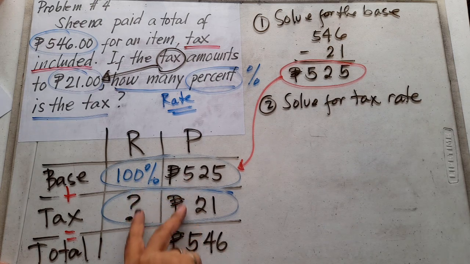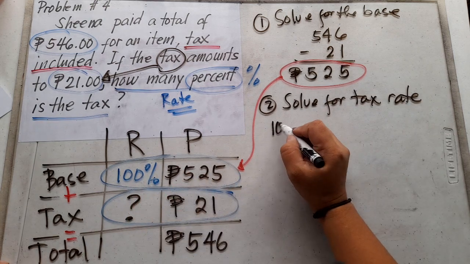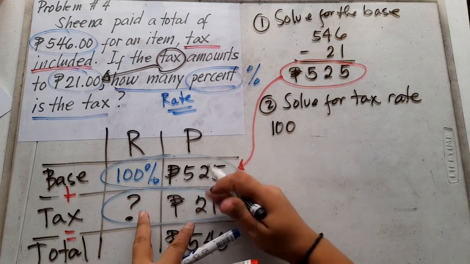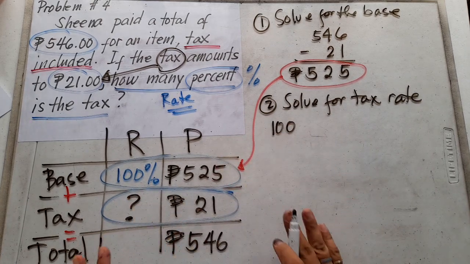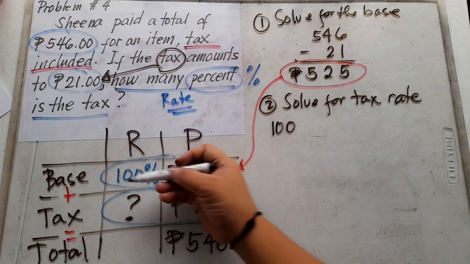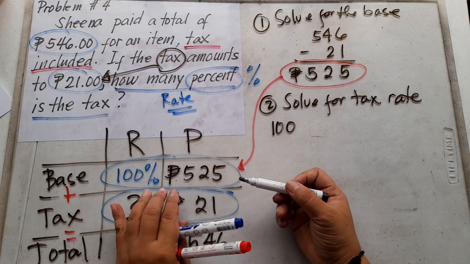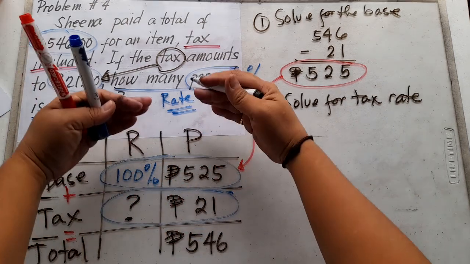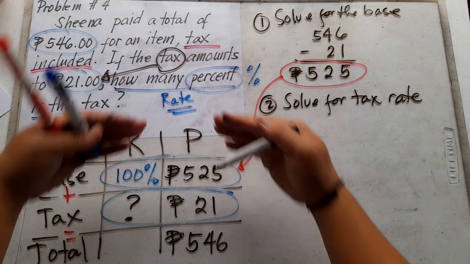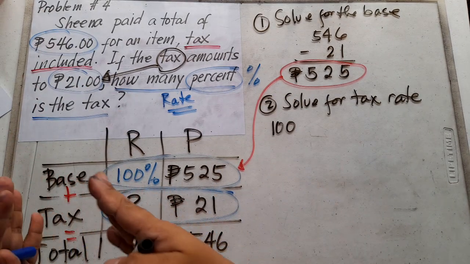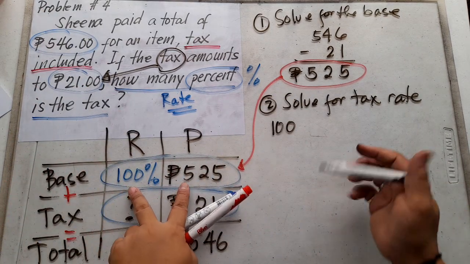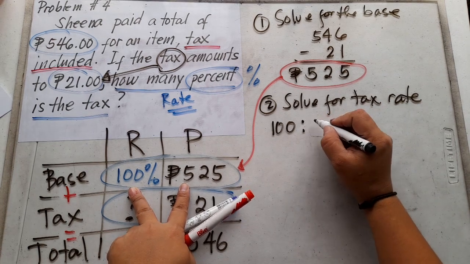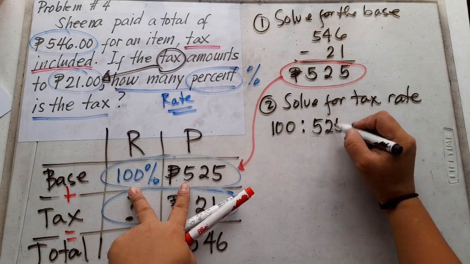Kahit naman alin dyan ang unahin ninyo kopyahin, okay lang yan kung alin ang maging left side at right side. Ang importante, horizontal ang pagkuha ninyo. Para hindi kayo malito, you do it the way you read, pababa, and from left to right. So, it's 100 is to 525.